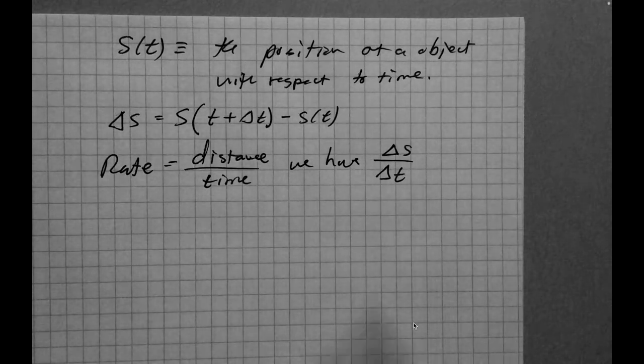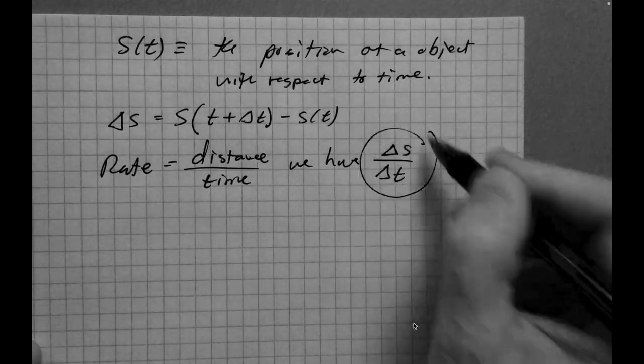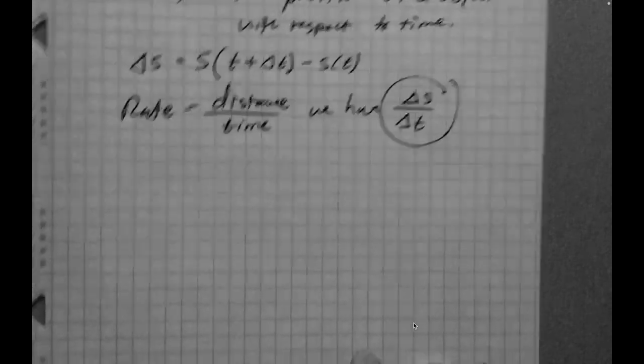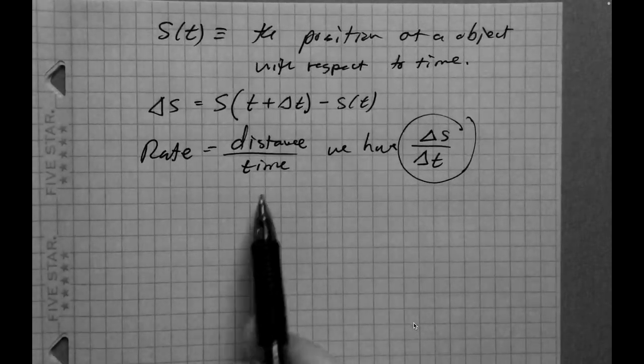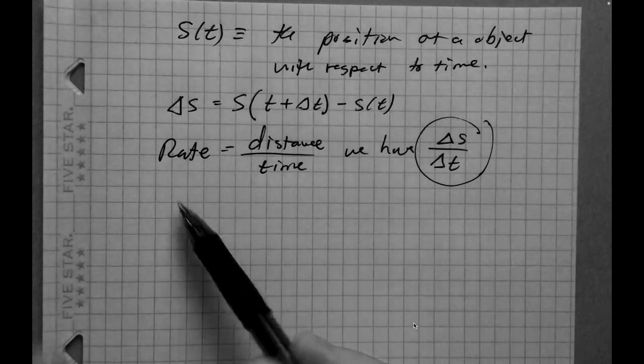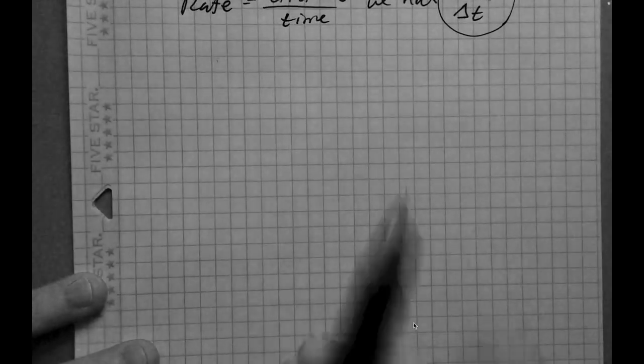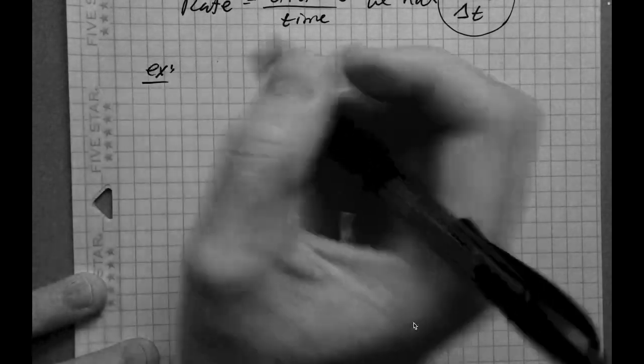So this is a derivative of the position function with respect to time. This is just a regular old derivative. Let's do an example using this, and this will help us see how differentiation is foundational to much of what we do in physics. So let's take an example here.